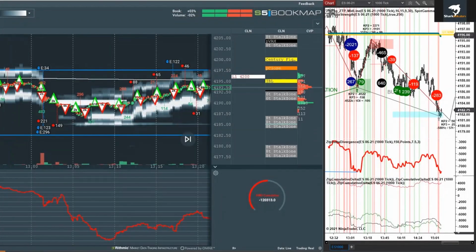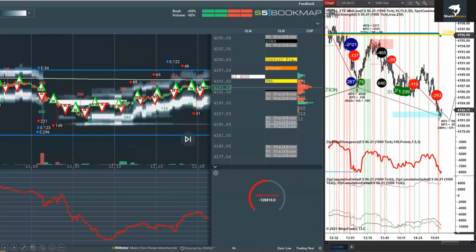And what we're seeing on the chart on the left is Bookmap, and the chart on the right is ZoneTrader Pro. What I'm highlighting here is that ZoneTrader Pro picked up a very large lot trade, because I have an indicator called Delta Strength.